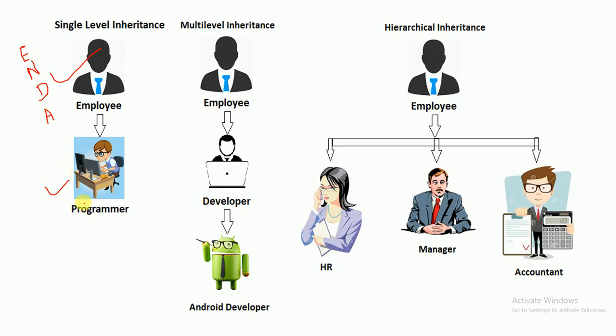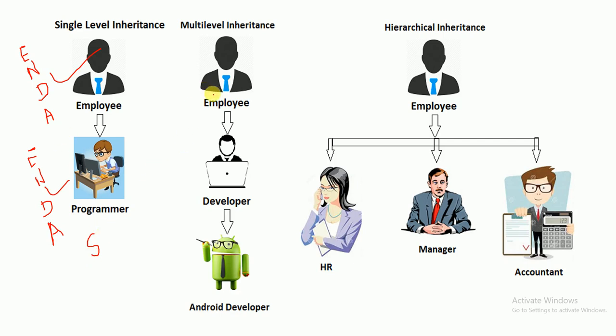If programmer class is inherited from employee class, then it will automatically have these four fields, and it will have some special fields also, for example its programming skills, in which language he or she is developing. Okay, so this is single level inheritance.